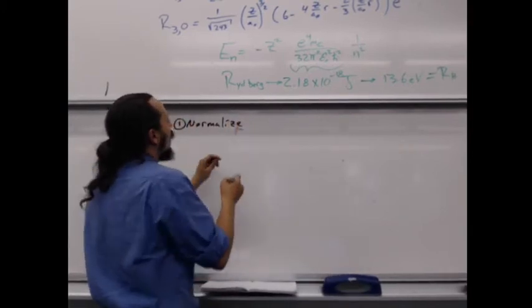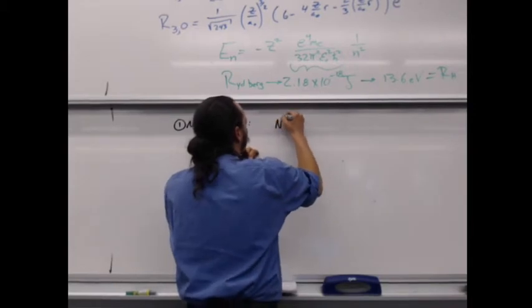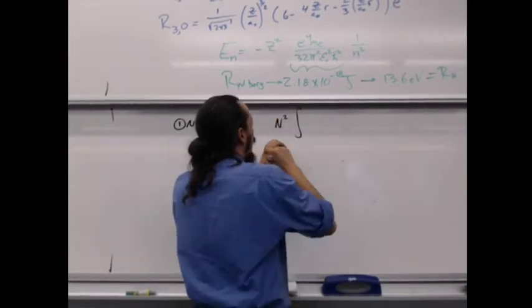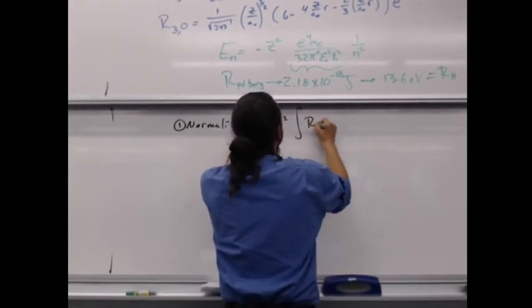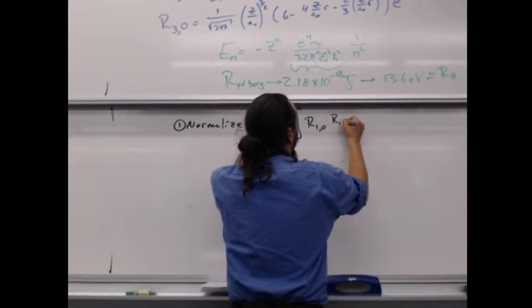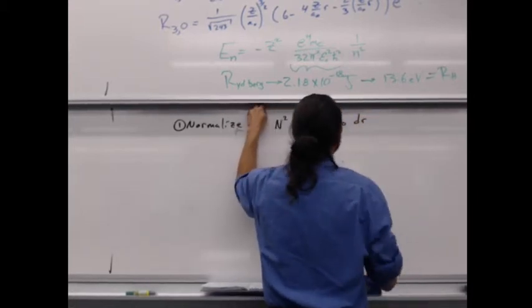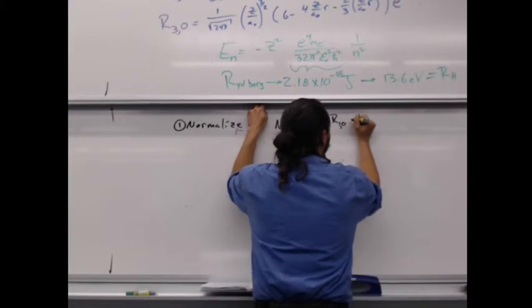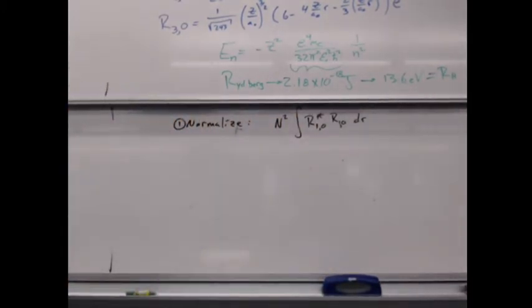So we can do the normalization. I can say that n squared times the integral of R10 R10 dr. I have to look back at my volume elements to make sure I get the right volume element for the r part.